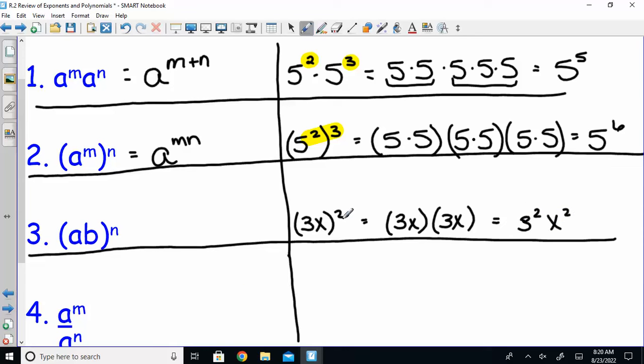So we took that 2 and distributed it to both of them. So this is an a to the n and a b to the n. If it's just one term on the inside, so everything on the inside is multiplied together, then you can distribute that exponent.